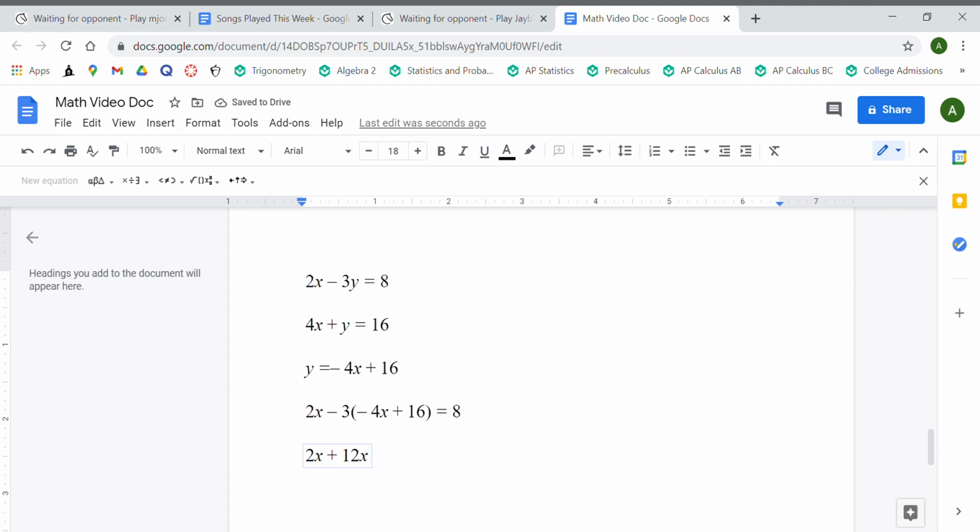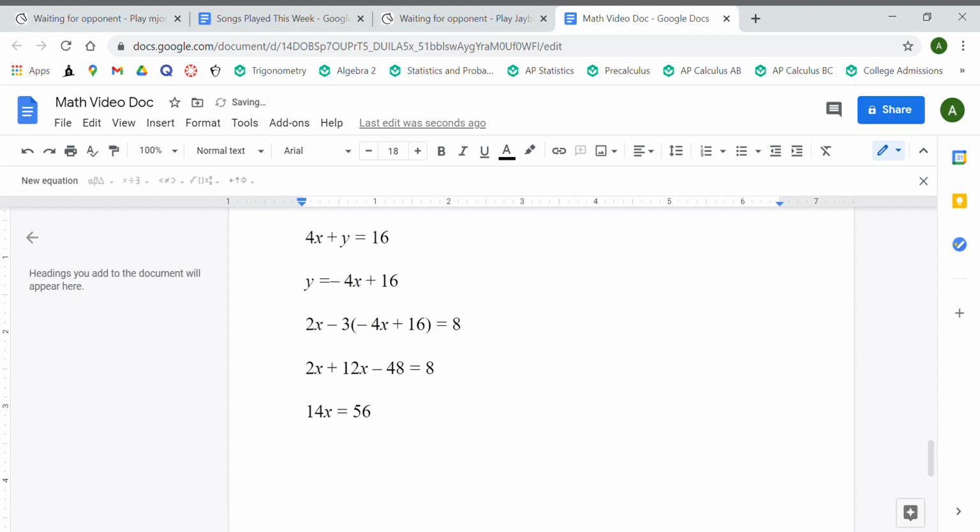And negative 3 times 16 equals negative 48. Set equal to 8. Now we combine like terms, 14x set equal to 8 plus 48 equals 56. I have no idea how I got an integer value this time, but I happen to get x equals 4. Yay!